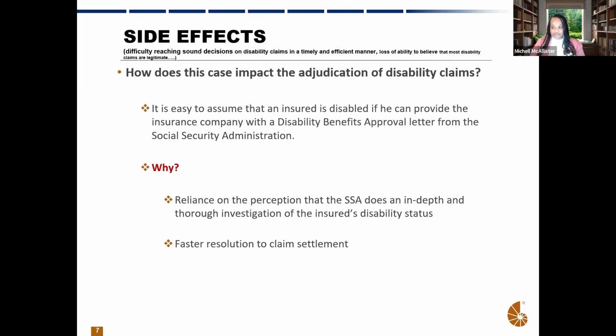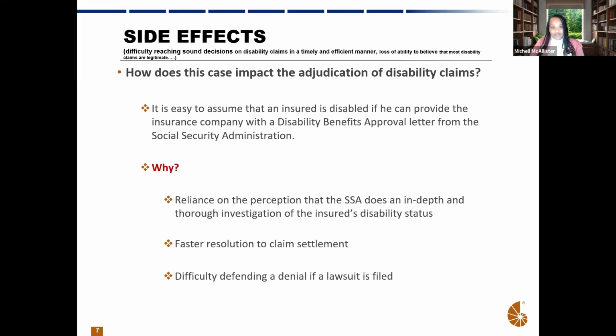And we don't have to go for that expensive independent medical exam if the insured can show, hey, they've been to Social Security, Social Security sends them to the doctors, things like that, just like Mr. Stokes went. It's also very difficult for an insurance company to deny a claim if the person has been shown to be disabled by the Social Security Administration.